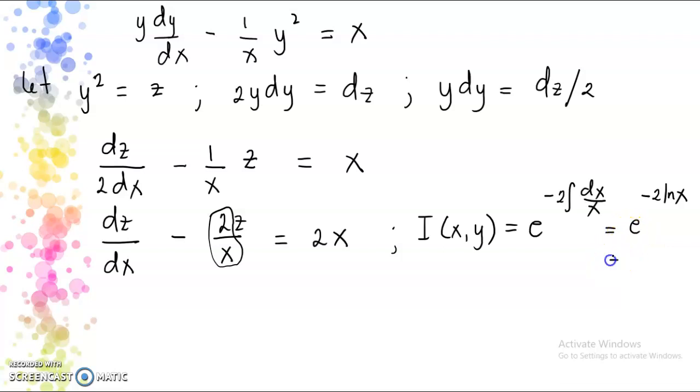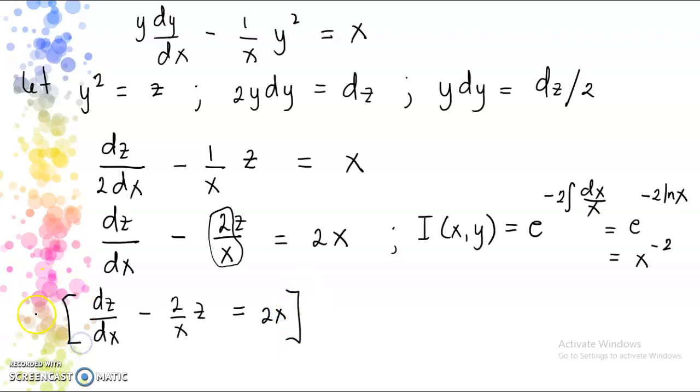Therefore, we have x raised to negative 2. That is the integrating factor, which we will multiply here. We have dz over dx minus 2 over x z equal to 2x times x raised to negative 2.